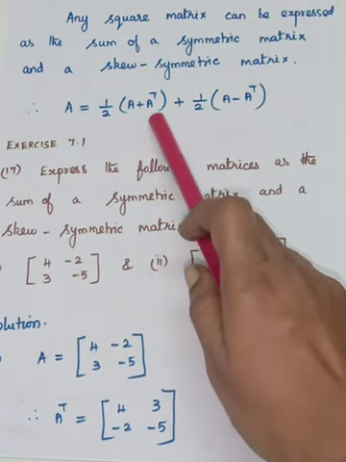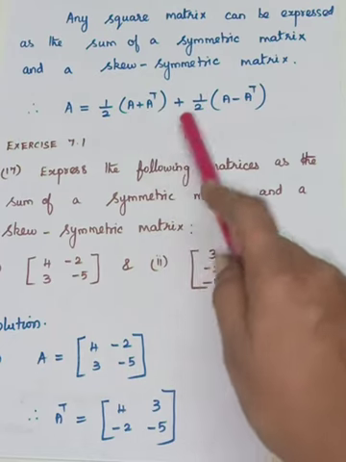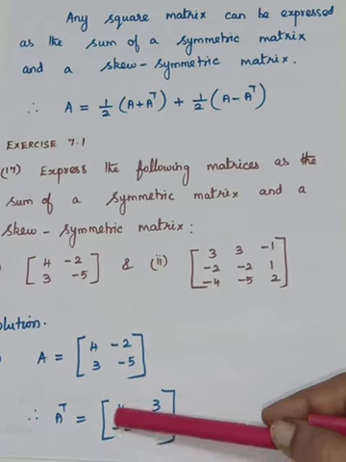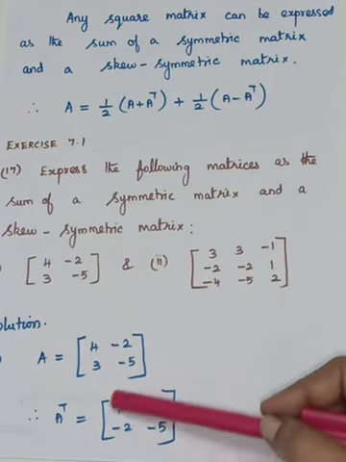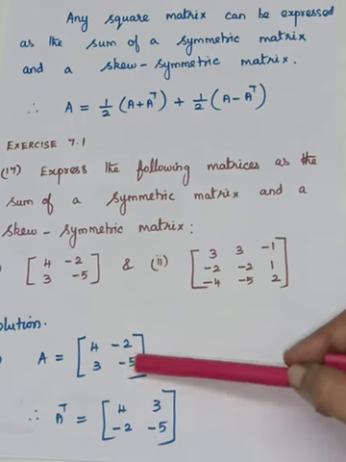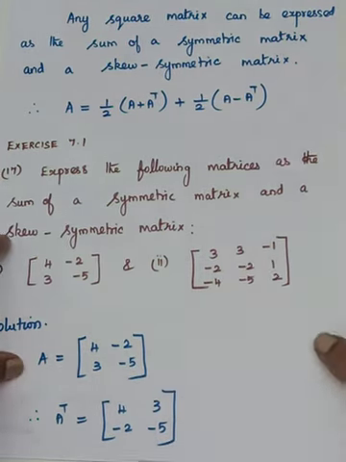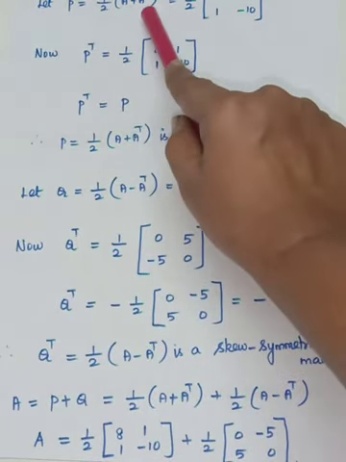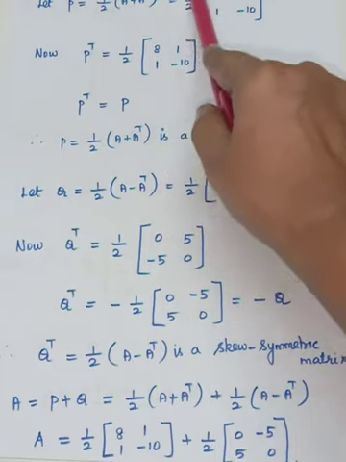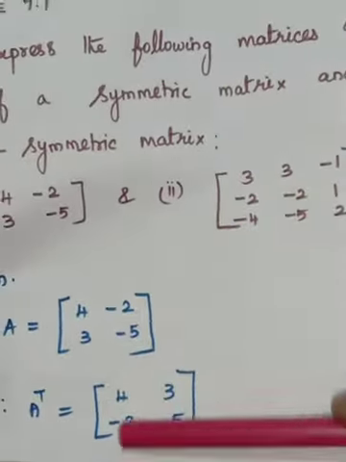So you need A transpose to write it as a sum of symmetric and skew symmetric. A transpose means interchange rows and columns. Take the first row, write it as the first column. Take the second row, write it as the second column. Next you have to denote P is equal to half into A plus A transpose. That is equal to half, you just write, and these two matrices have to be added.